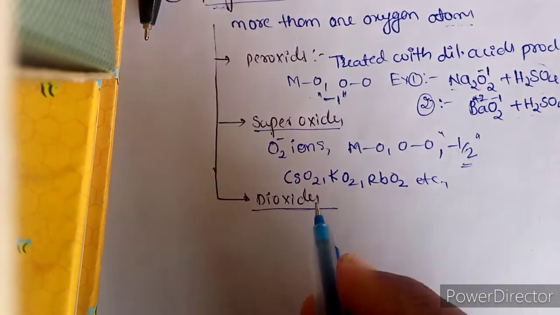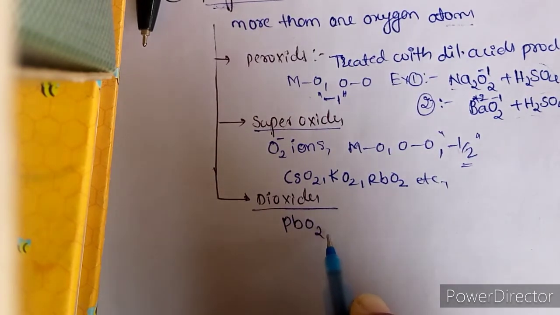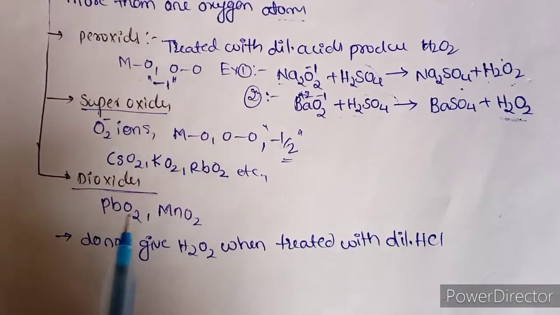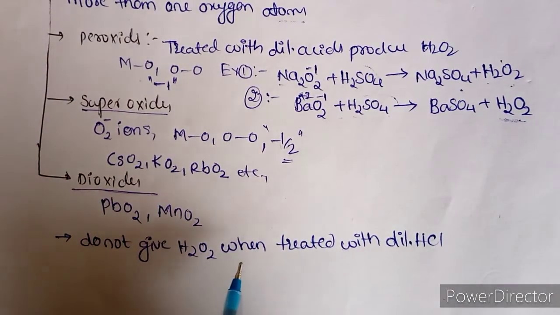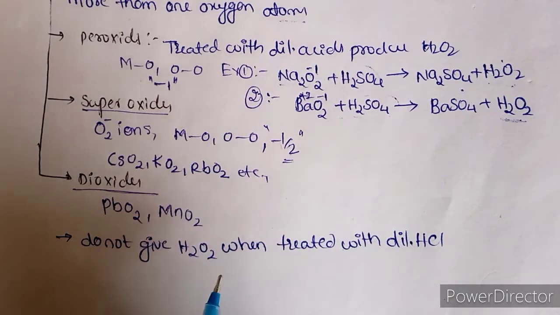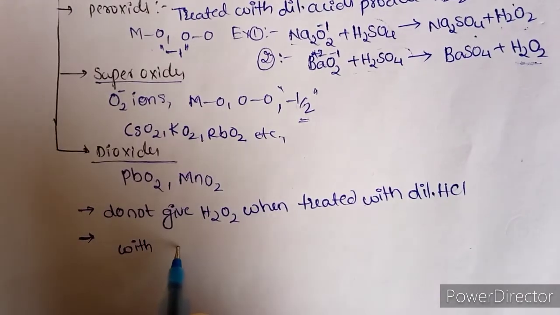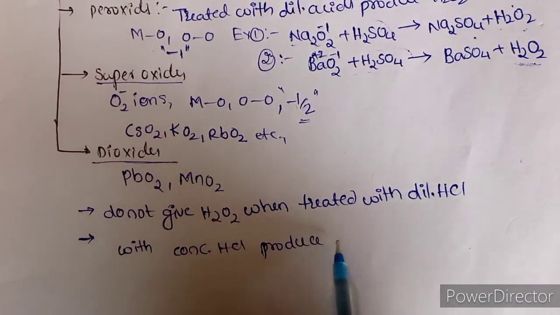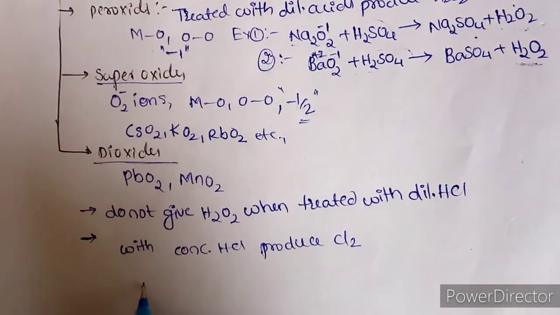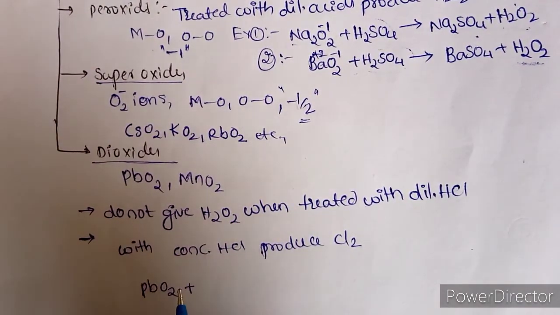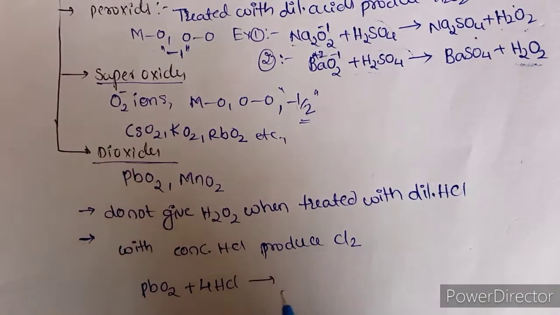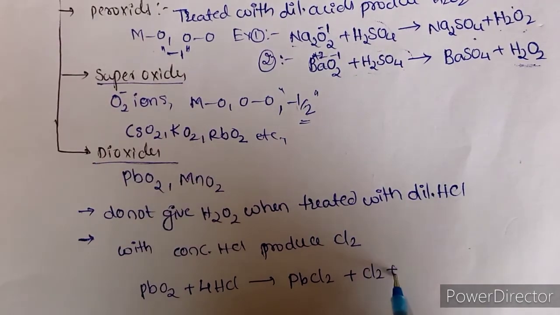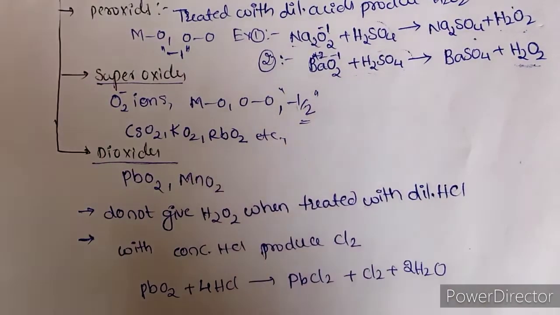Dioxides. Examples for dioxides are lead oxide and manganese oxide. And these dioxides when treated with dilute acid don't produce H2O2, but in reaction with concentrated HCl or concentrated acid they produce respective gases. Example, PbO2 with concentrated HCl produces PbCl2 plus Cl2 gas and releases water molecules.